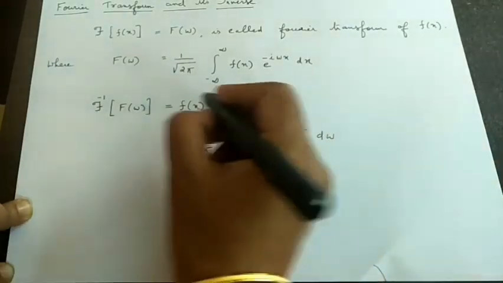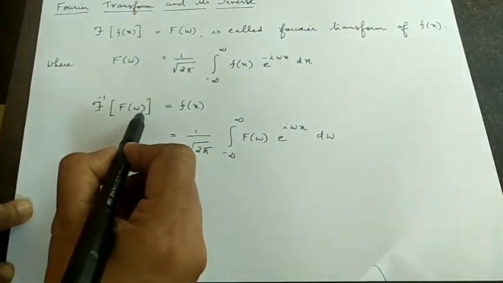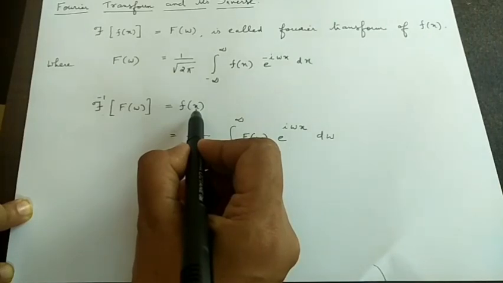Okay. Therefore this is called inverse Fourier transform of F omega, which is equal to f of x.